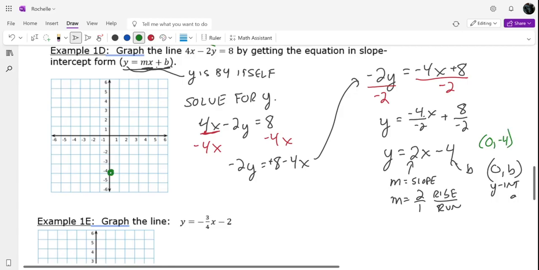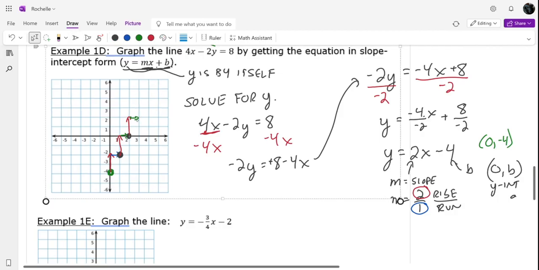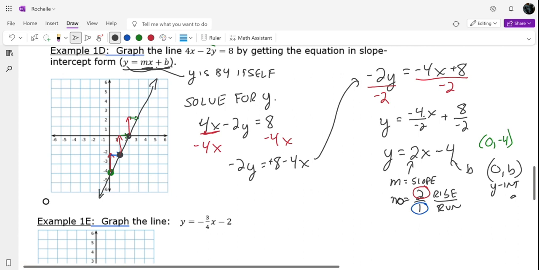And then my slope is 2 over 1, which means I'm going to go up in the positive direction 2, and I'm going to go in the positive direction 1. That's going to give me another point on the line. I could continue to do that and get more points on the line by simply going up 2 and over 1. But this is the same line that I drew before. Now I have a few more points, so it looks a little bit better.